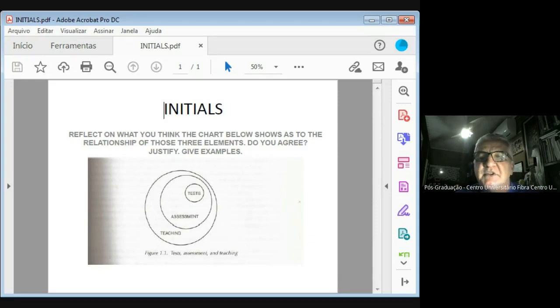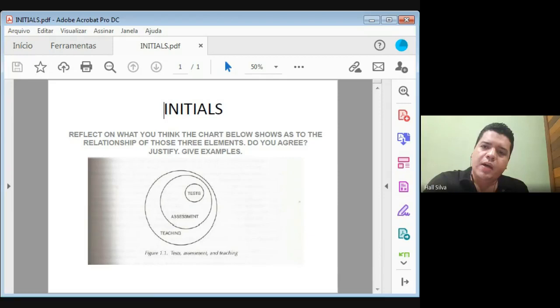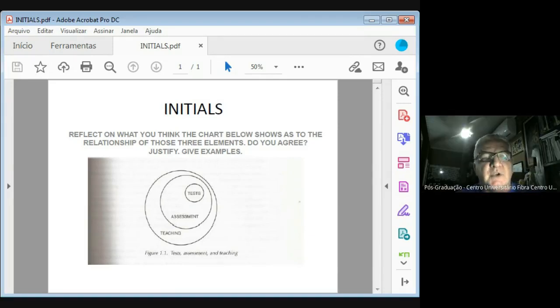Inside this bigger circle, we have a median circle. What does it say there? Assessment. Okay, fine. And inside assessment, we have a small circle, tests.